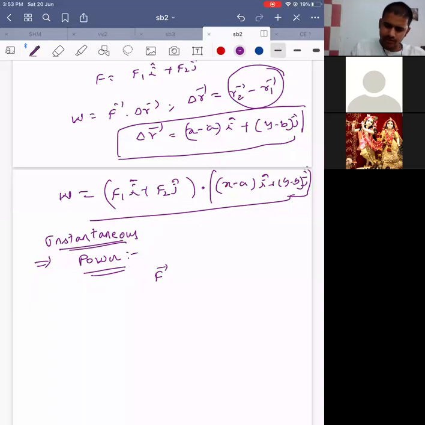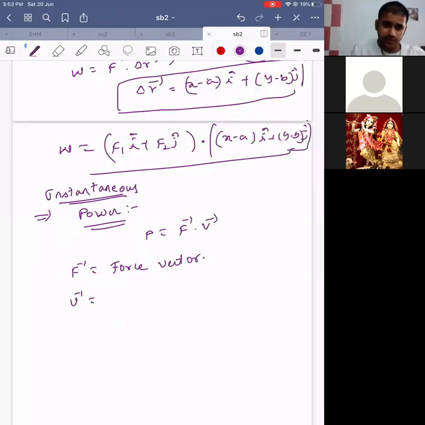The formula is P is equal to F bar dot V bar, where F bar is the force vector and V bar is the velocity vector.